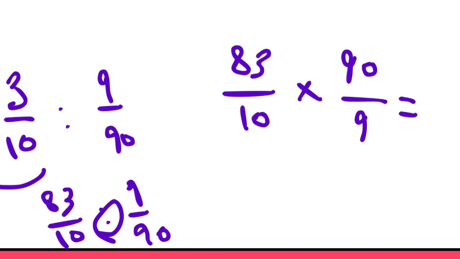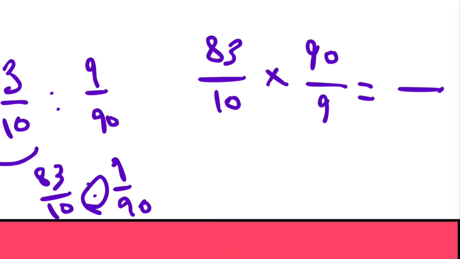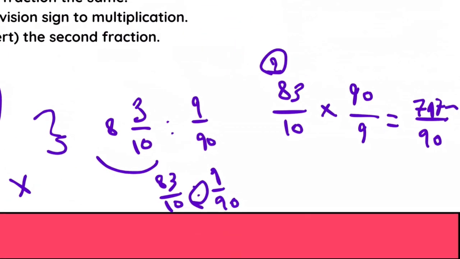Okay, so let's multiply these. 90 and 9, 3, 27, 8, 9, 72, with 2, 74. 10. So 7,470 divided by 90 is our answer, and you can look up whether it can be simplified.